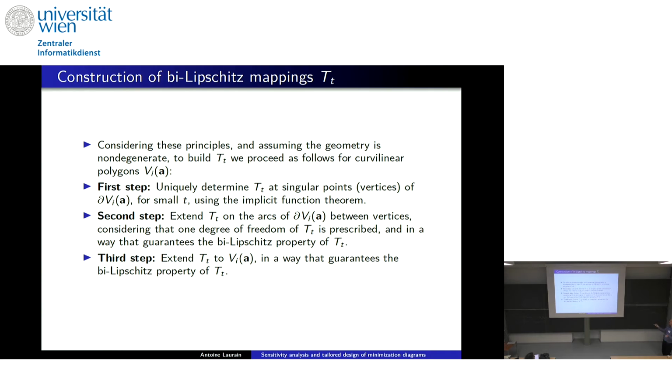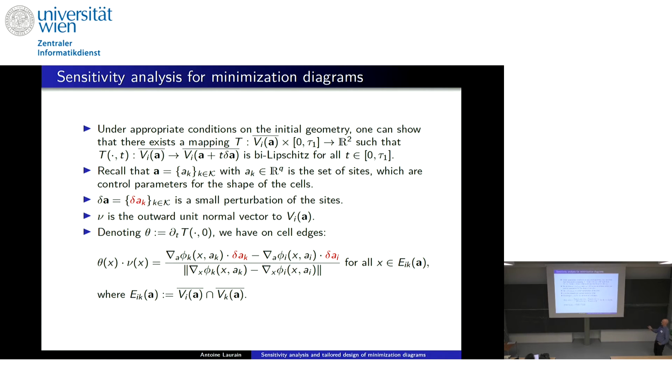Then we extend the capital T on the arcs, and then we extend inside the domain. And we always need to be careful that the capital T is a bi-Lipschitz function. We need the bi-Lipschitz property to compute the change of variables, to compute the derivatives.